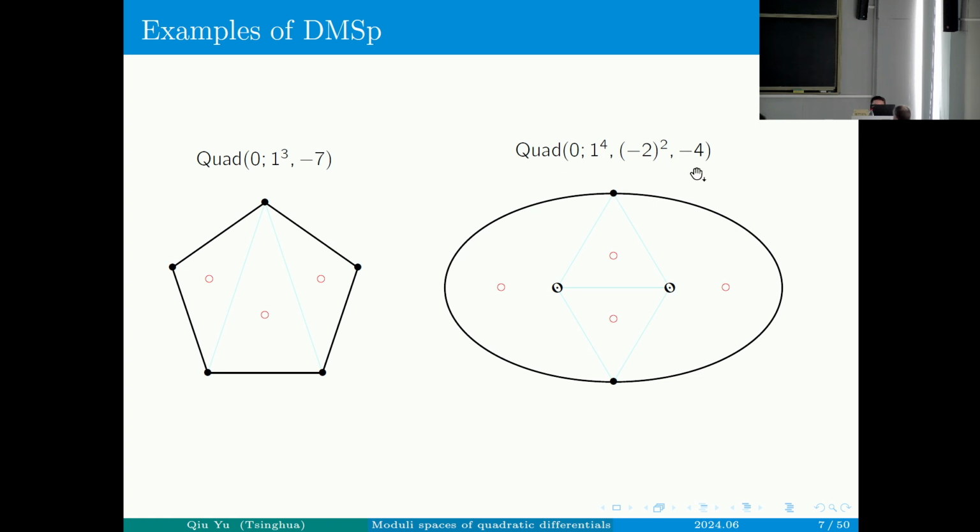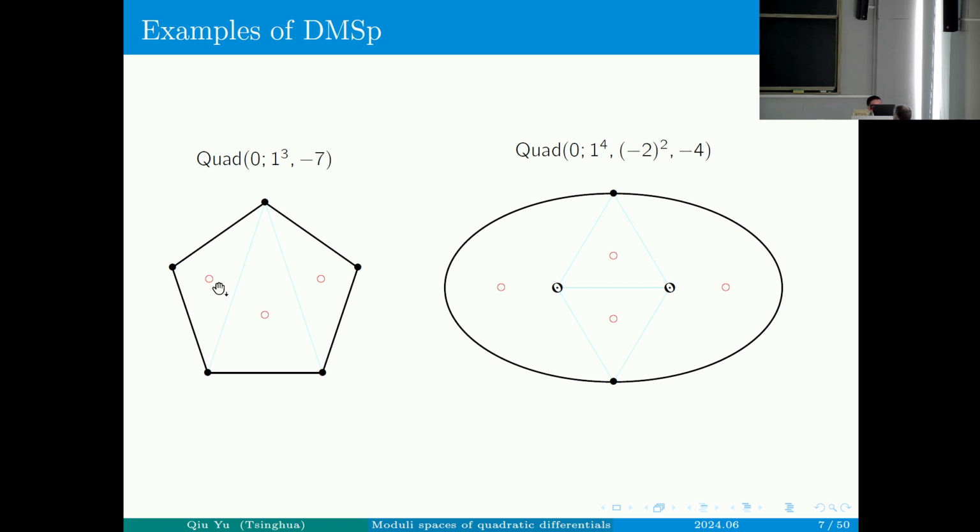And for the other case we saw before, we will have a digon with 4 decorations, which are the red ones, and we have 2 double poles. So we just draw 2 punctures, where I use this symbol to represent the puncture. This pentagon, this boundary with 5 marked points, tells you that there's an order 7 pole.